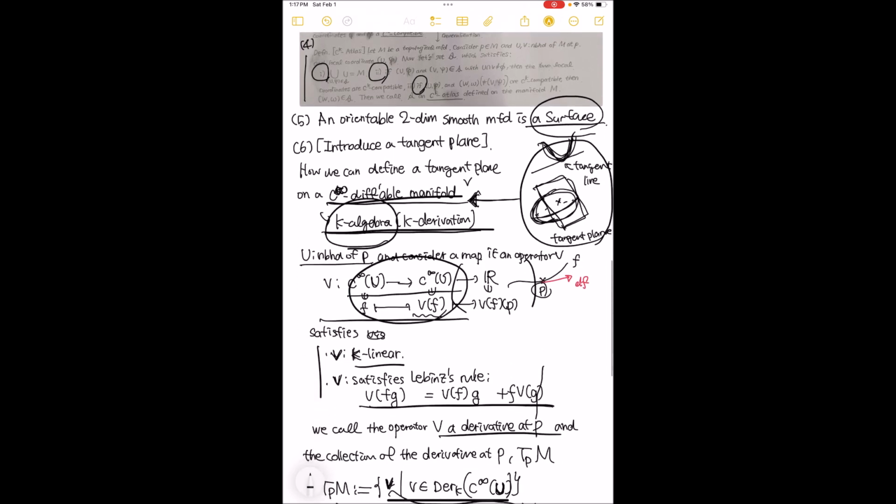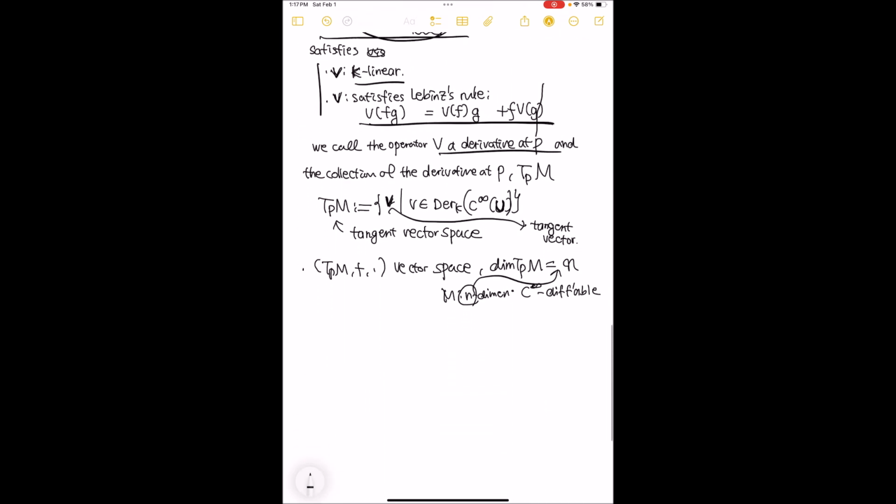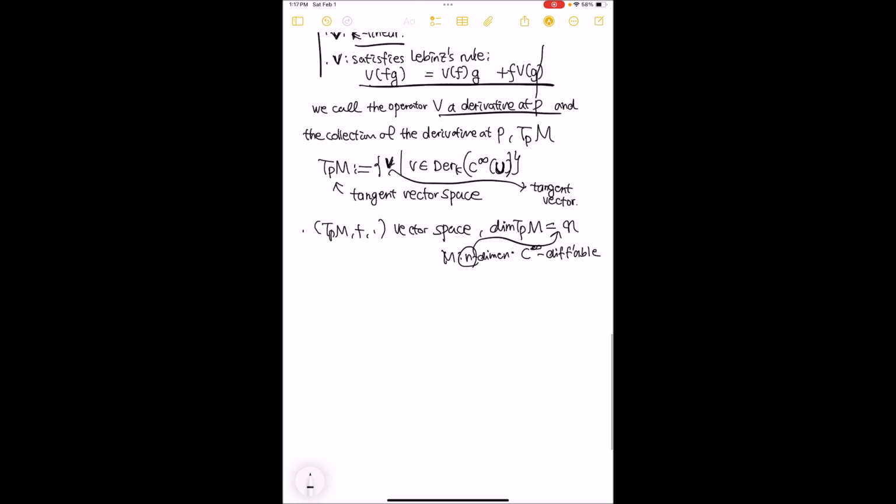In a mathematician's view, this is very annoying.